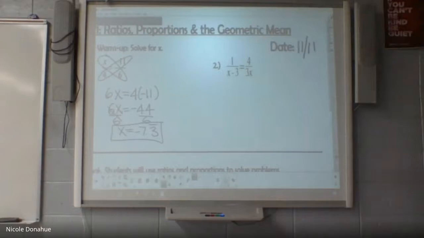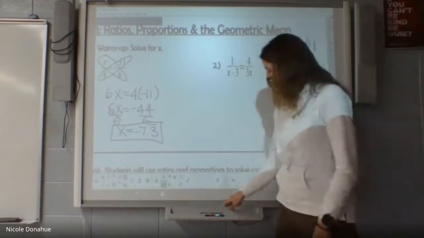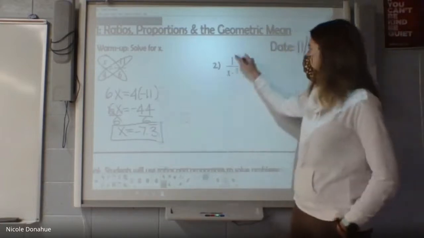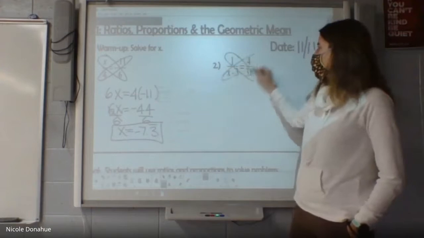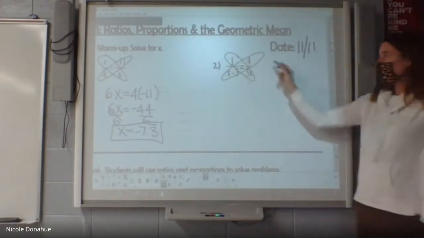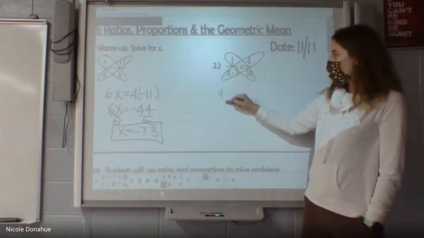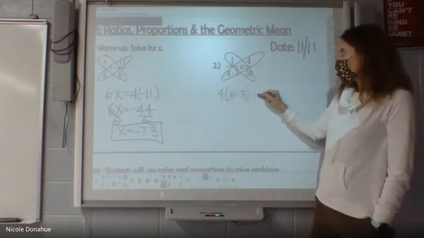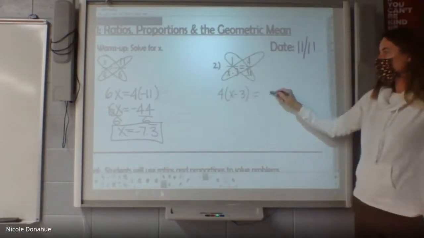So number 2 is a little bit more complicated because there's x's on both parts. We can still use that same method. We're going to cross multiply. But this time, we have to remember that we want to multiply the 4 times both the x and the 3. And then 1 times 3x.